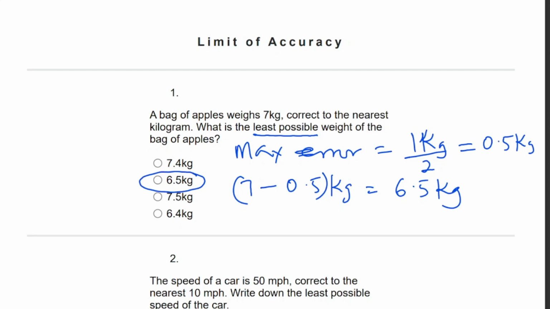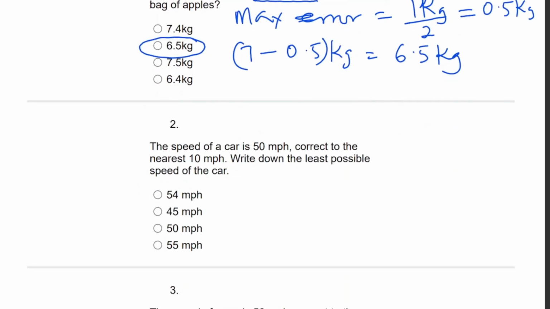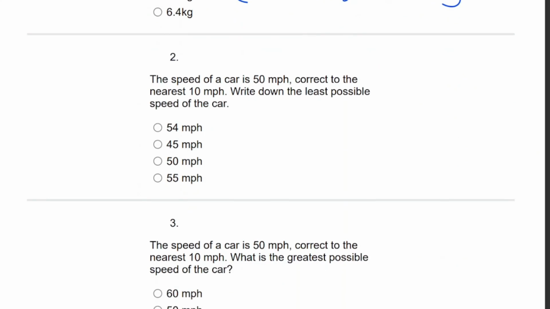So for question 2, we have the speed of a car is 50 miles per hour, mph, correct to the nearest 10 miles per hour. You write down the least possible speed, that is the lower bound again.